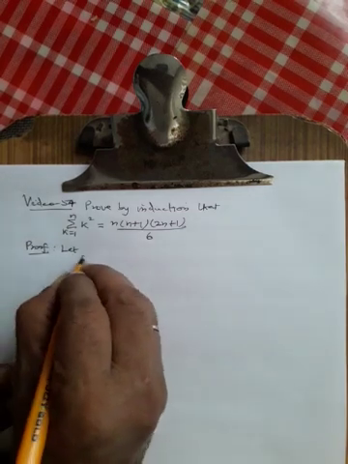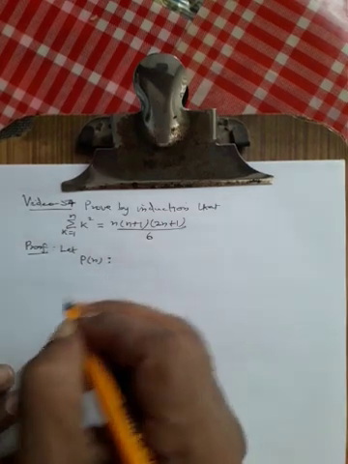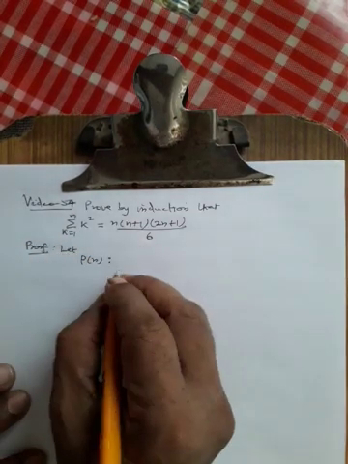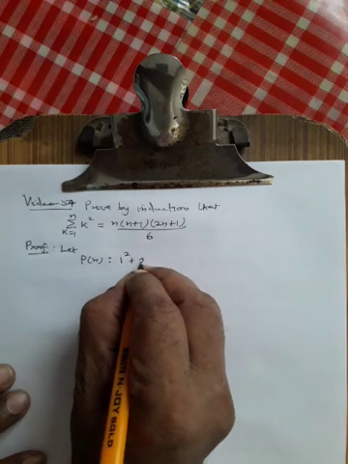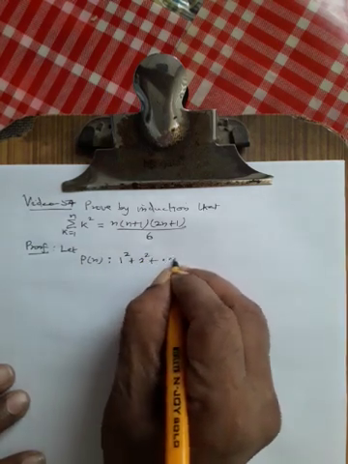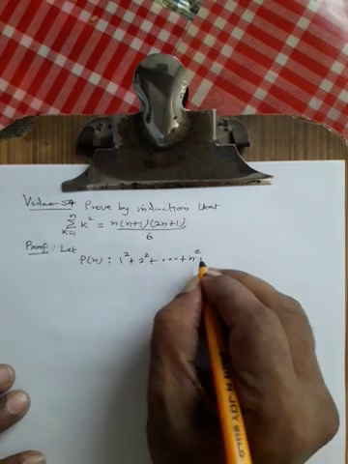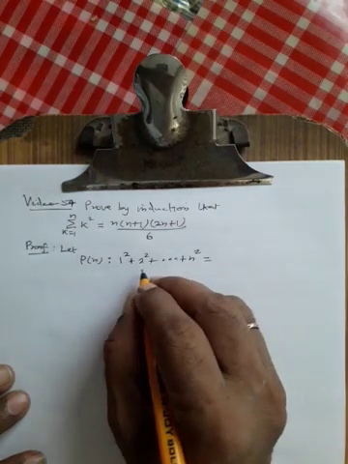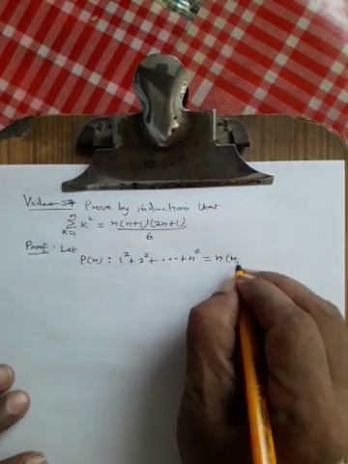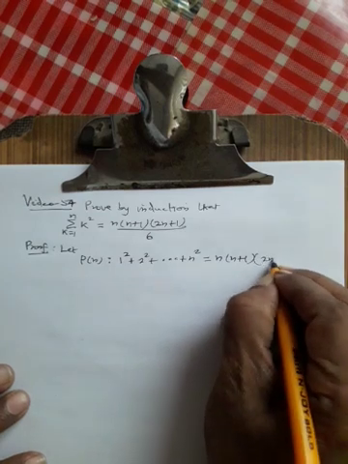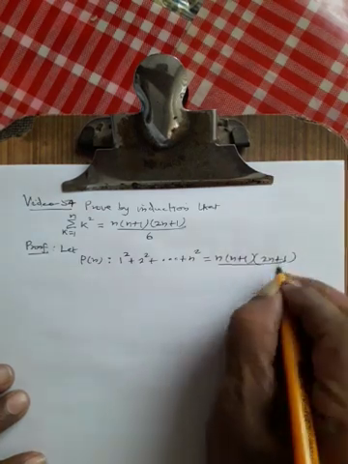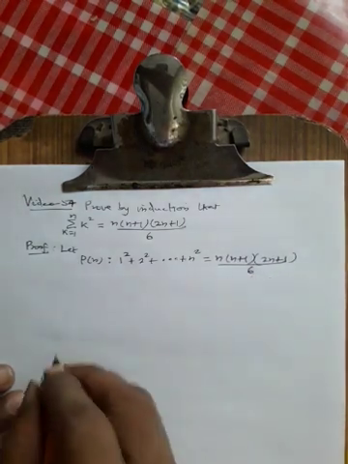Let P of n be the statement that 1 squared plus 2 squared plus ... plus n squared, the sum of the squares of the first n natural numbers, is n into (n plus 1) into (2n plus 1) by 6.